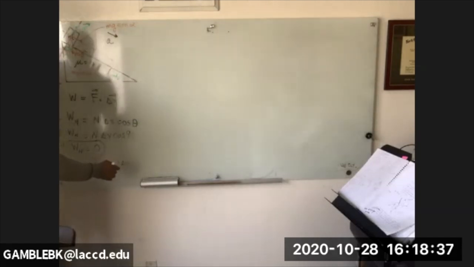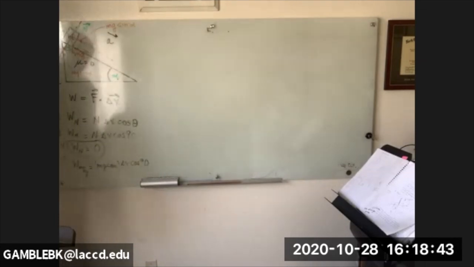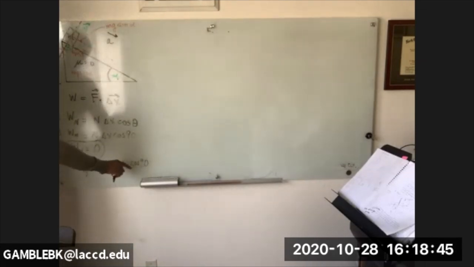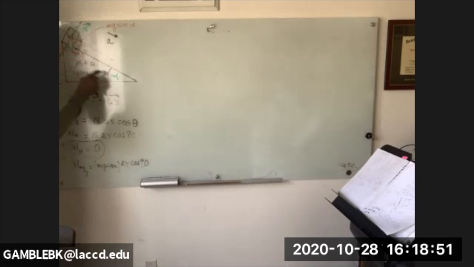We haven't talked about that yet, times the cosine of 90. So they're not the same angles. That's why I didn't want to confuse it. The angle in the equation is the angle between that force and the direction of motion. That doesn't have anything to do with this angle.